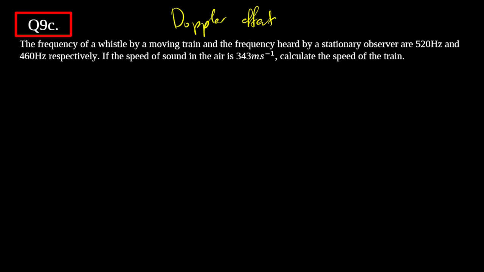Let us read the question. The frequency of a whistle by a moving train and the frequency heard by a stationary observer, meaning the velocity of the observer is equal to 0, are 520 hertz and 460 hertz respectively.